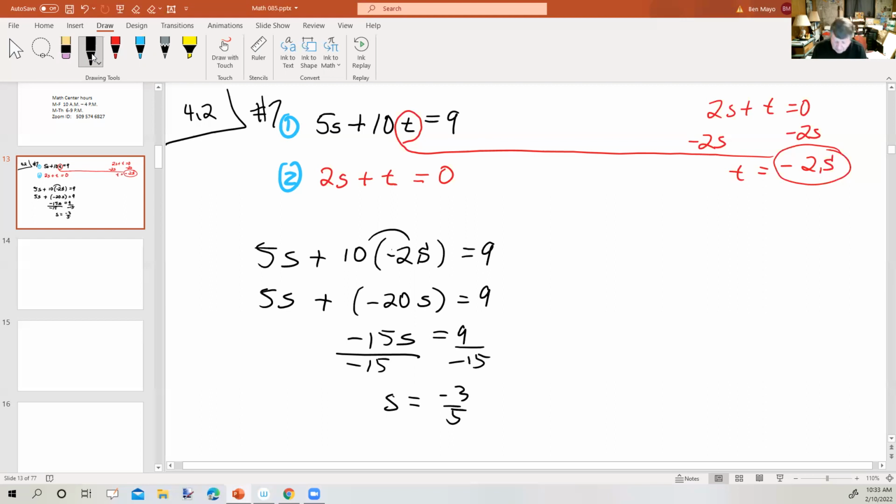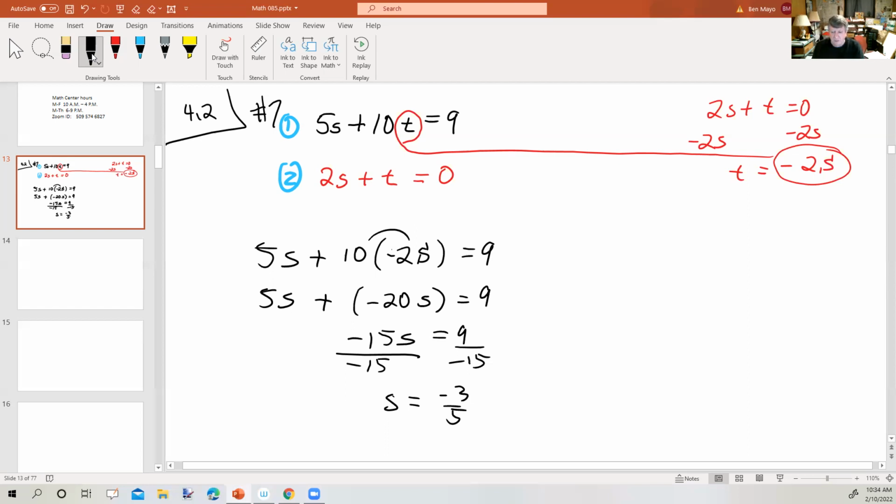Now, at the end of step 3, where I solved the one equation with one unknown, the results tell me what kind of solution I'm going to get. If I get a variable equal to a number, like I did here, that means I'm going to get a single solution and I'm going to complete the ordered pair.